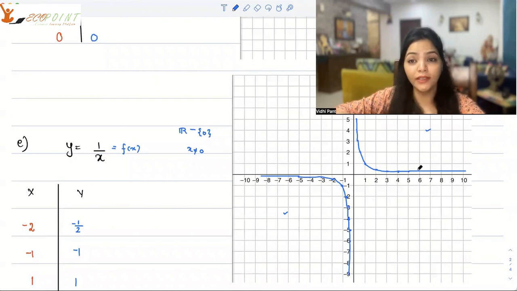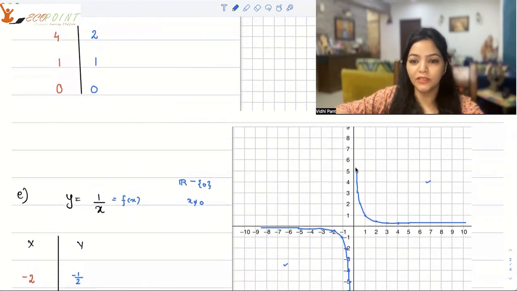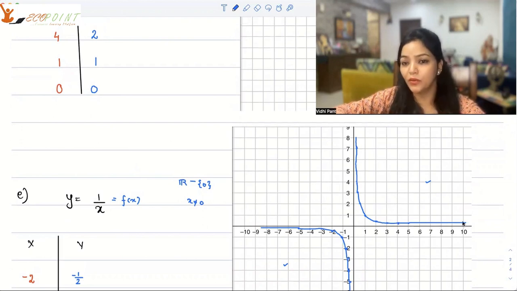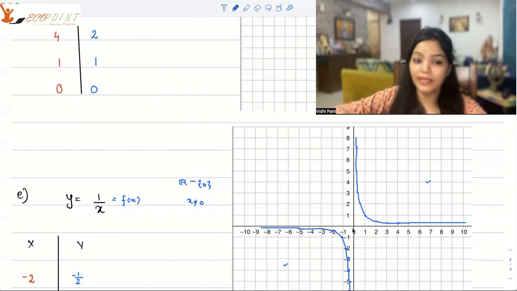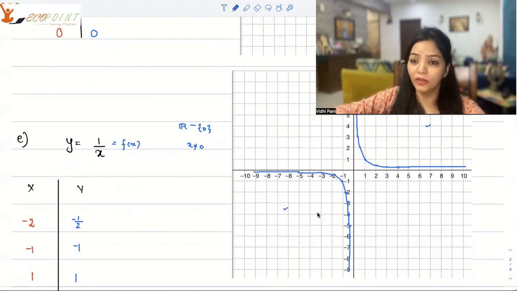If you join up these points, you would see this kind of a shape get generated. It will never touch the axis, but it will keep on moving, because as x goes to infinity, y turns out to be 0. As x is 0, then y turns into infinity. So you can see that a rectangular hyperbola in the first quadrant and the third quadrant will get generated.